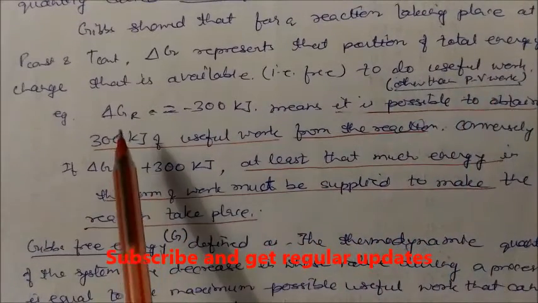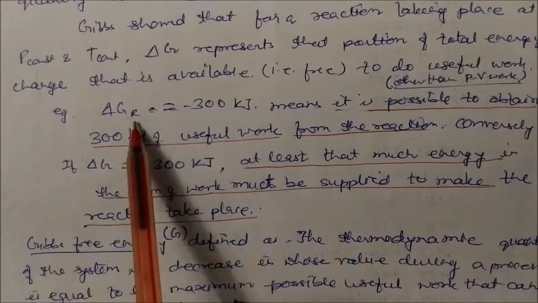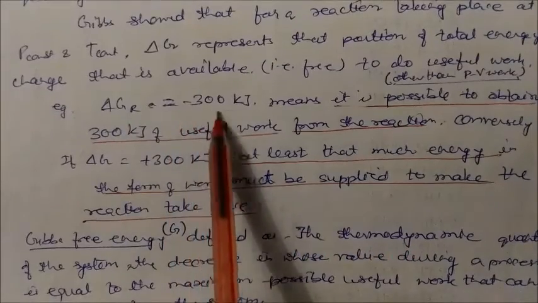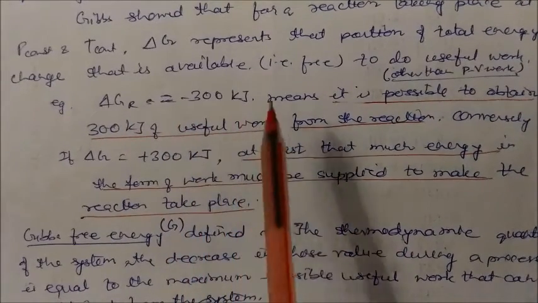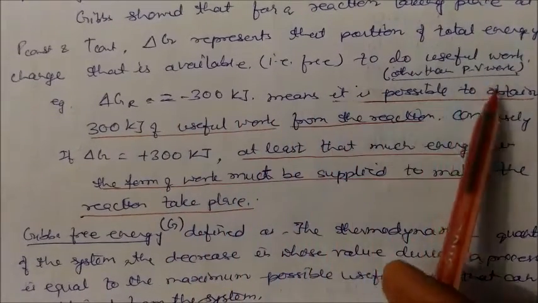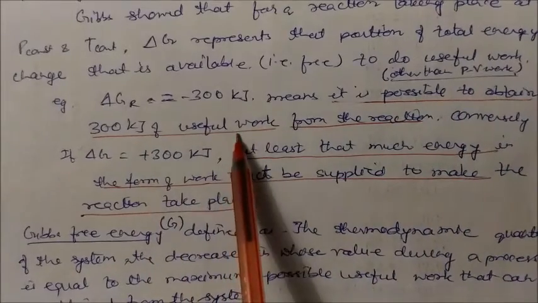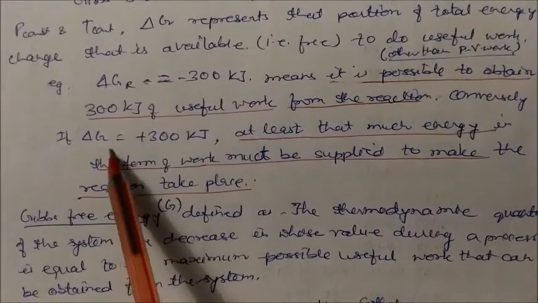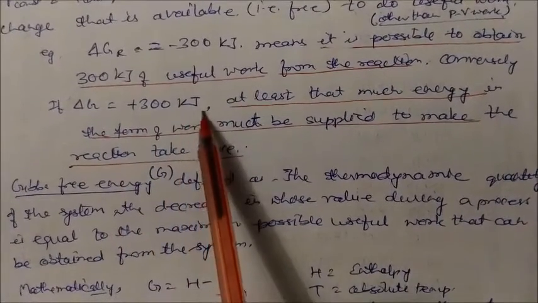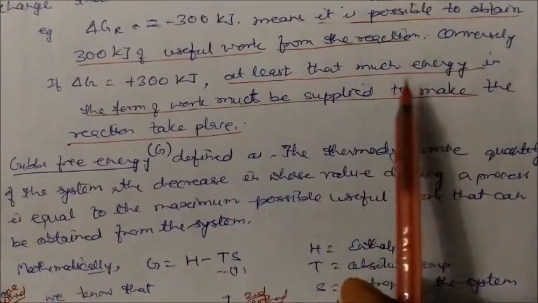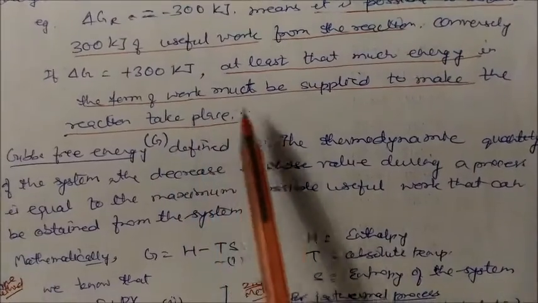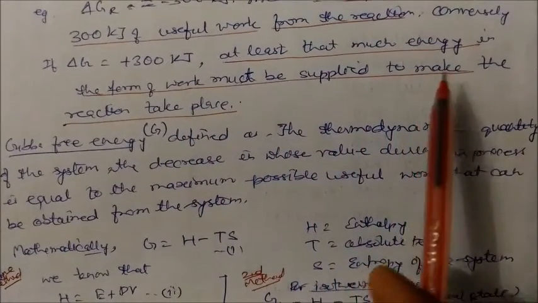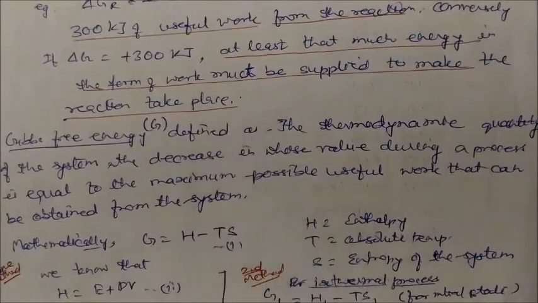For example, if the change in free energy of a reaction is minus 300 kilojoules, what does this mean? This means that it is possible to obtain 300 kilojoules of useful work from the reaction. Conversely, if delta G is plus 300 kilojoules, this means at least that much energy in the form of work must be supplied to make the reaction take place.